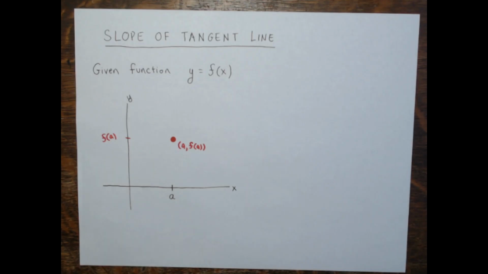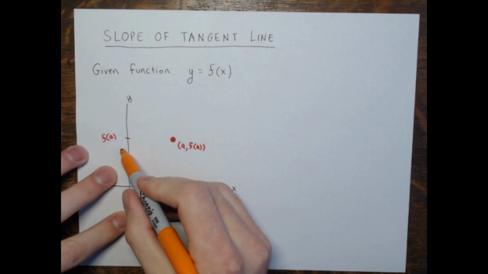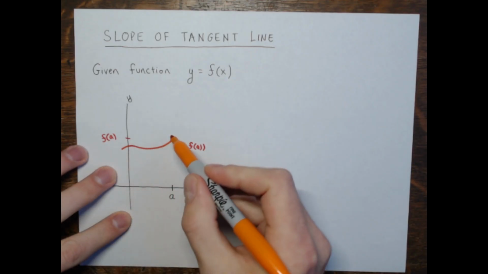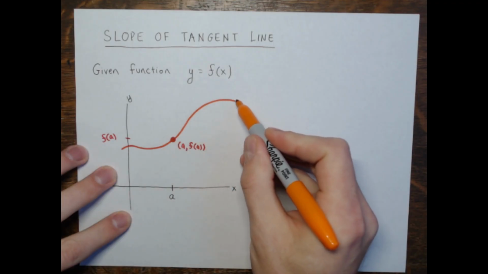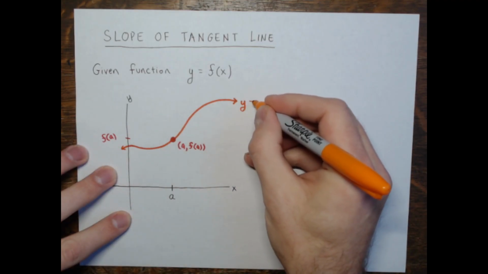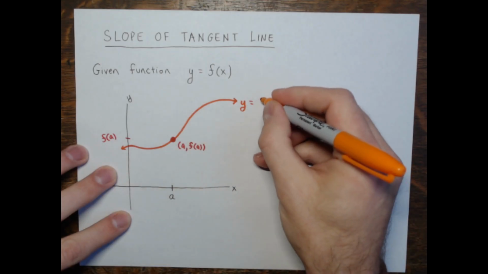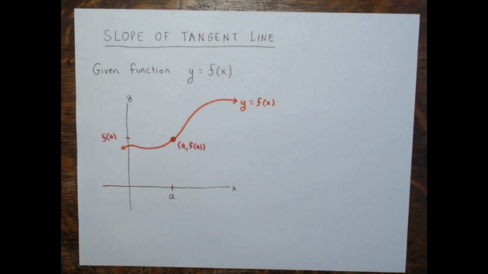I'll draw a function that's continuous and goes through it smoothly, something like that. You can draw some function that passes through this point. So here's y equals some function of x.